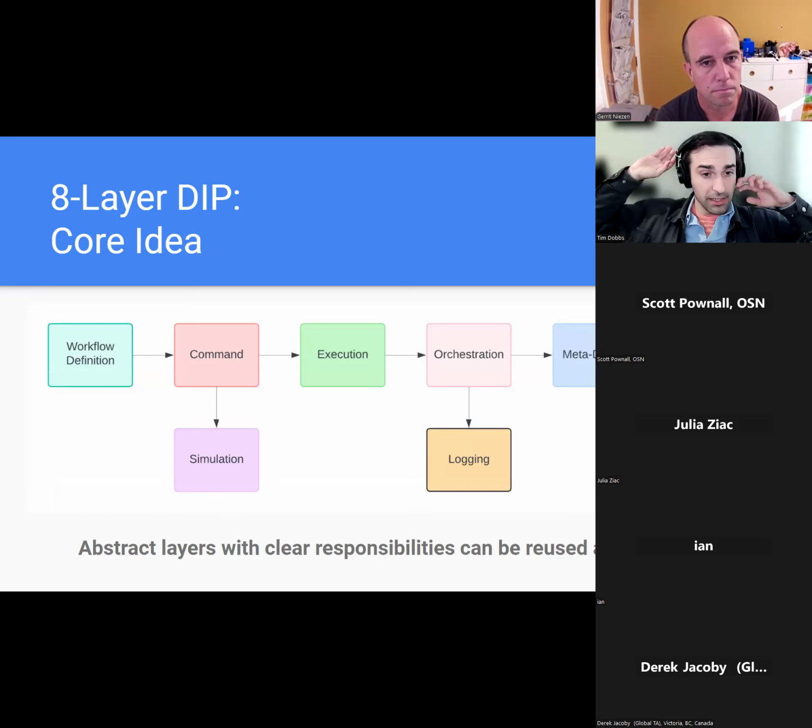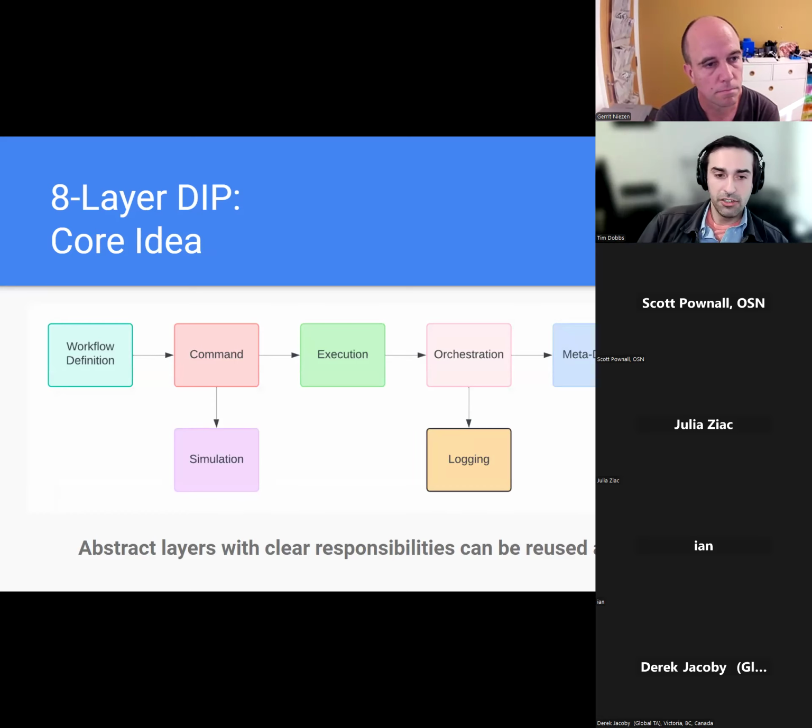My core idea is to abstract the layers of software so that we get clear responsibilities in each of these layers. One of my constant frustrations with automation is that we have a lot of software that doesn't have a clear responsibility. The tendency I see is that people create software products, something for sale, that covers 80% of use cases, of everything in all of these circles, which is not enough.